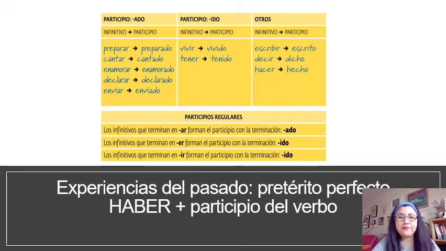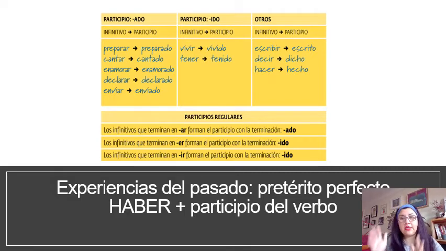Now, there are flashcards with these irregular participles for you to remember and to memorize and to study and to have fun with. Now, I told you before that additionally, we need the verb haber as an auxiliary. Haber is the companion of my verbs in order to build this tense called pretérito perfecto, or in English it's called present perfect.